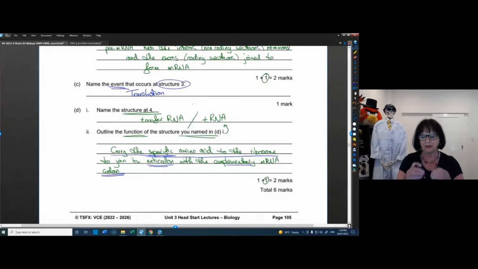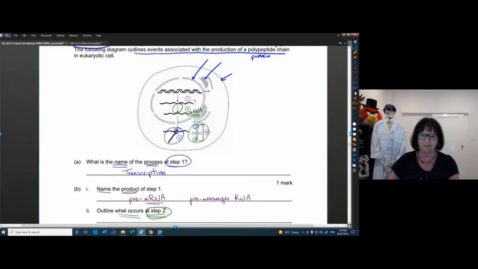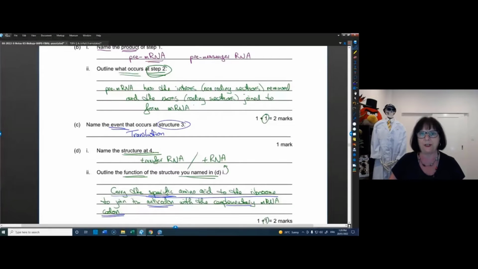So you can see how you've got a standard answer. Oh, just that quality. And that's what we're after. And that's what your teachers will be encouraging you to just improve that quality of your answer as you do those sorts of questions. So from one diagram, a whole lot of information can come out of it.